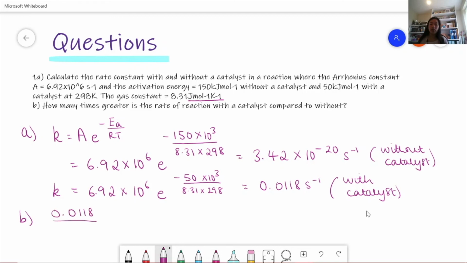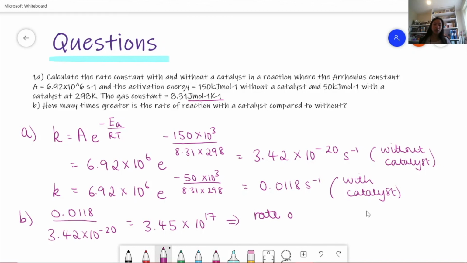So 0.0118 over 3.42 times 10 to the minus 20, and that gives us 3.45 times 10 to the power of 17. And so the rate constant k is 3.45 times 10 to the power of 17 times greater, and so the rate of reaction is this many times greater as well.